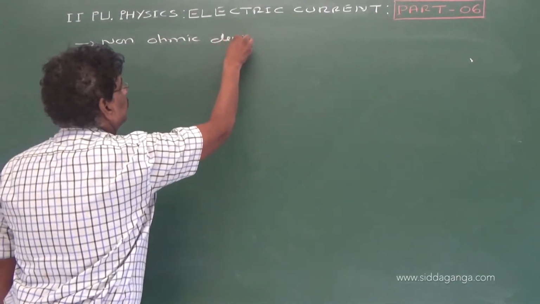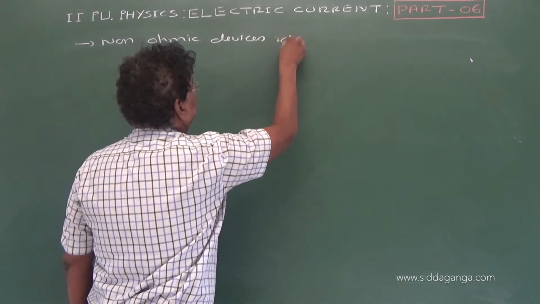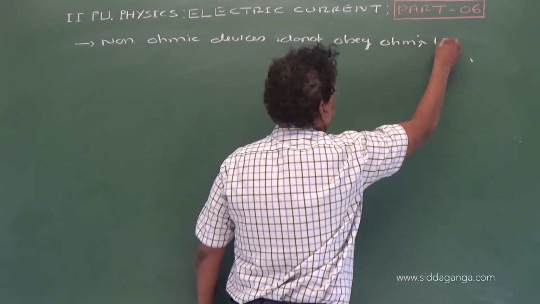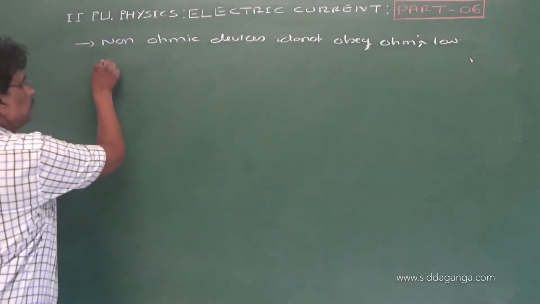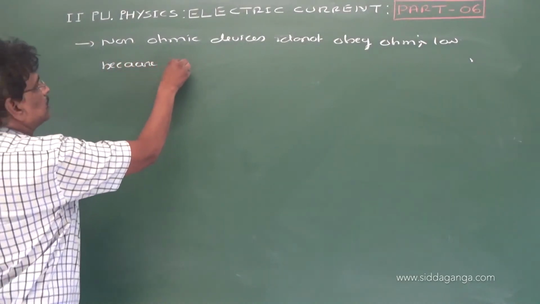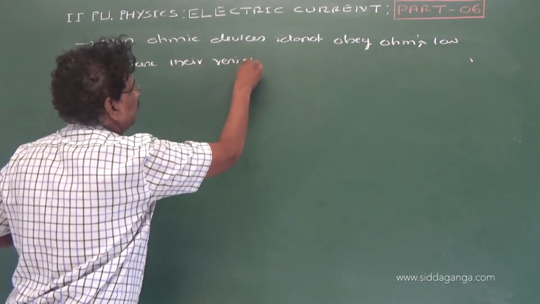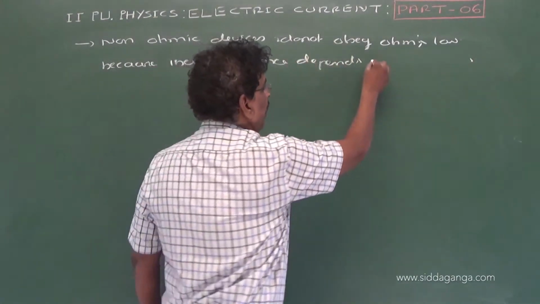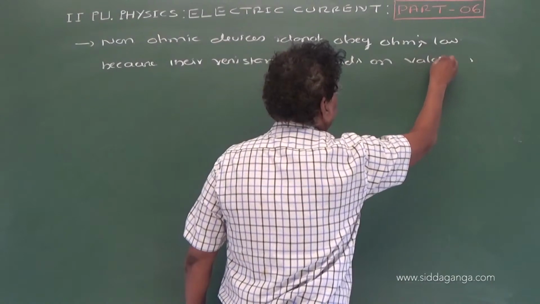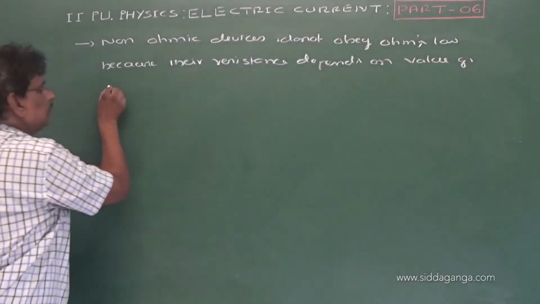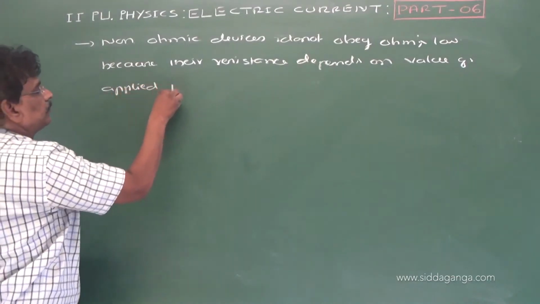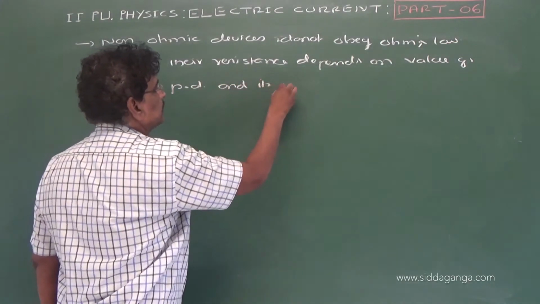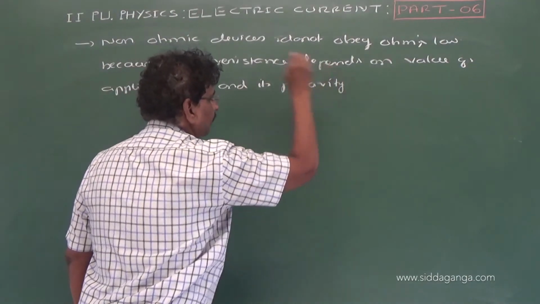Non-ohmic devices do not obey Ohm's law because their resistance depends on value of applied potential difference and its polarity.